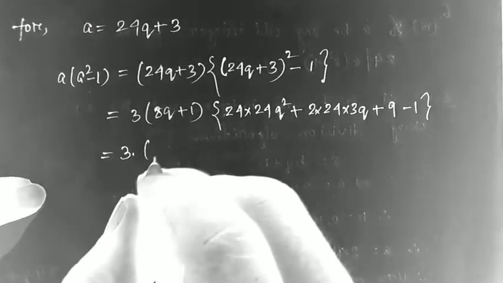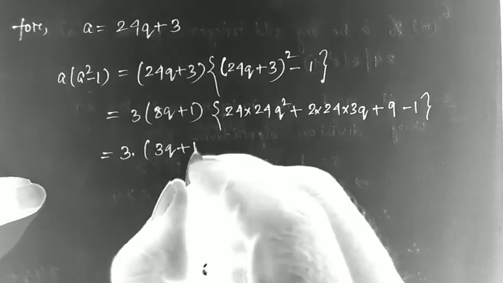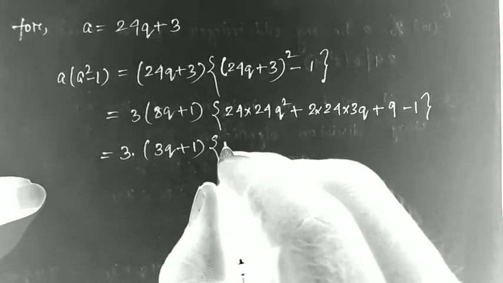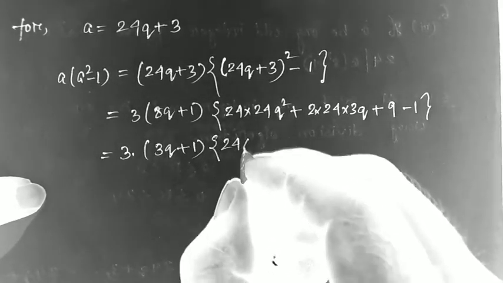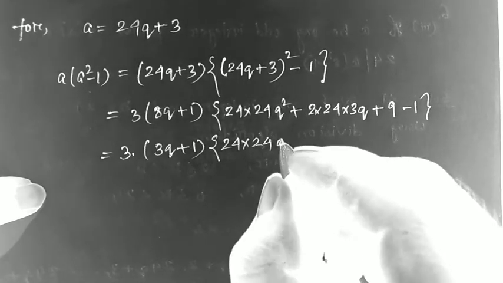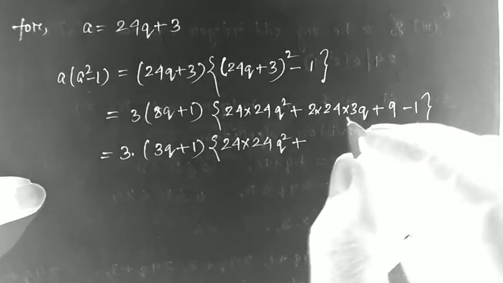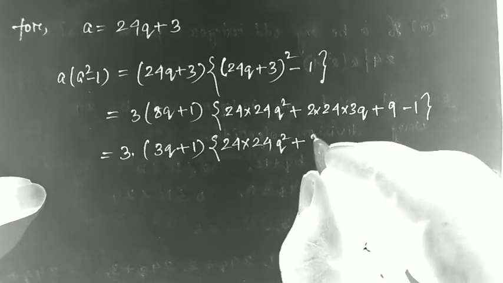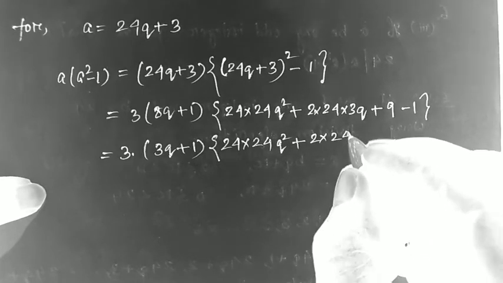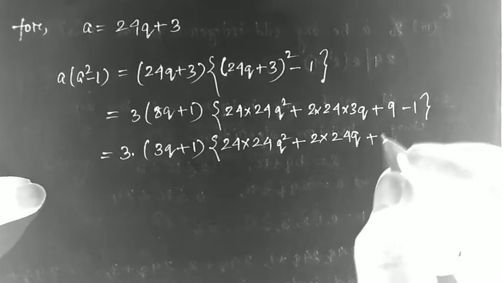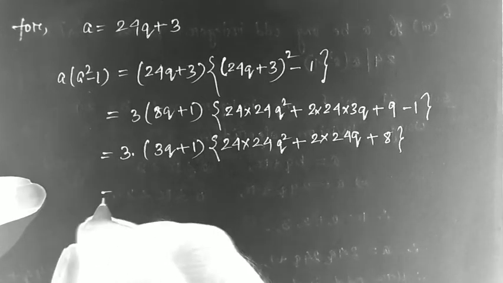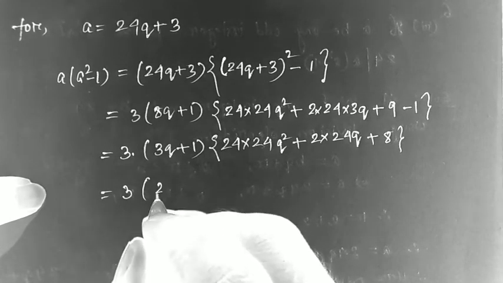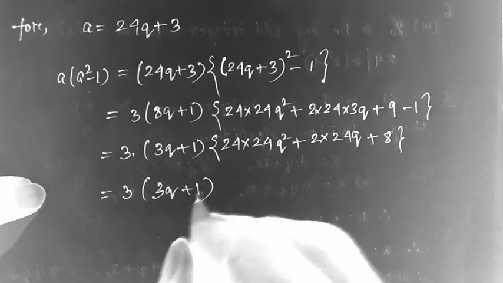Now see, this 3 remains, 3q plus 1, and here remains 24 into 24 q square. It can be written as 2 into 24 q, and here 8. So 3 remains the same, 3q plus 1.